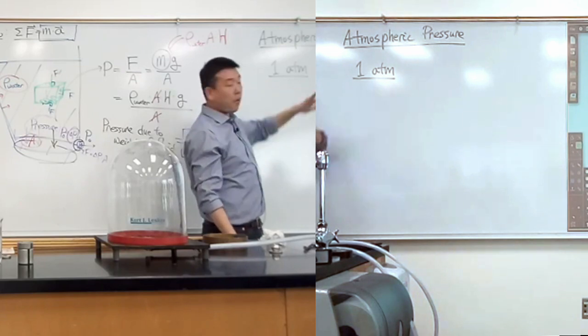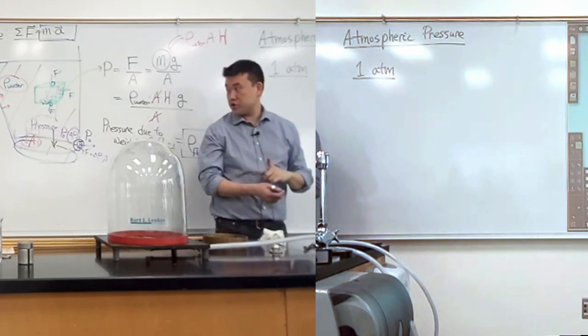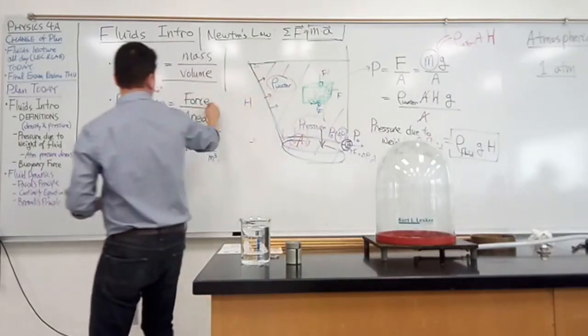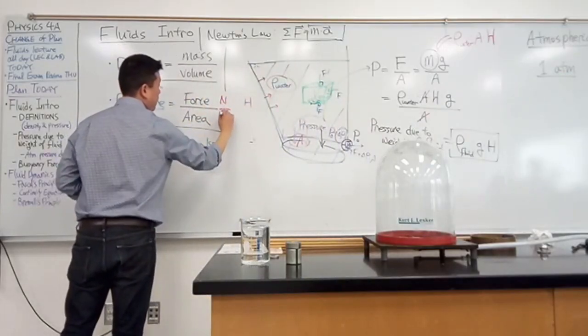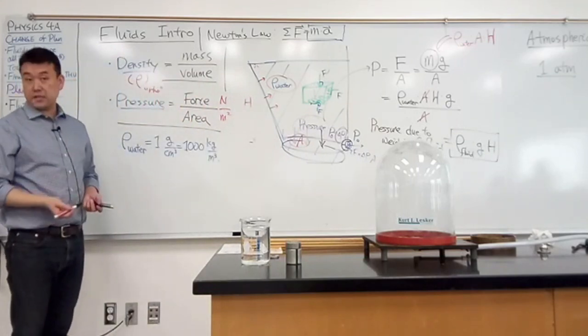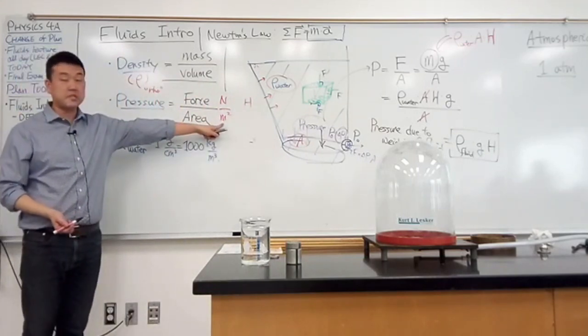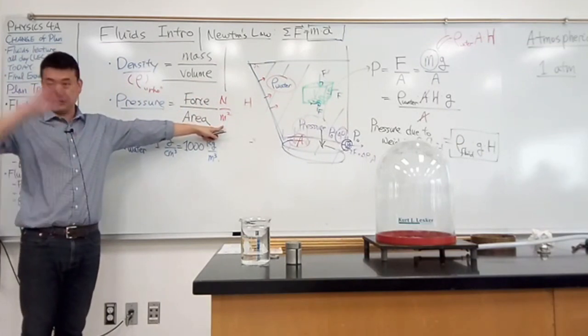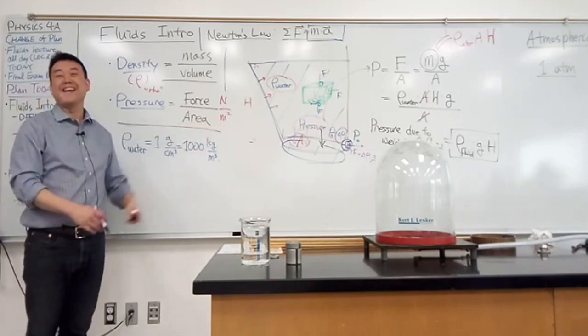So, I never talked about units of pressure. So, pressure is force, newtons per meter squared, right? In the SI unit system, we actually give a name to this particular combination. Anybody here know the name? Pascal.